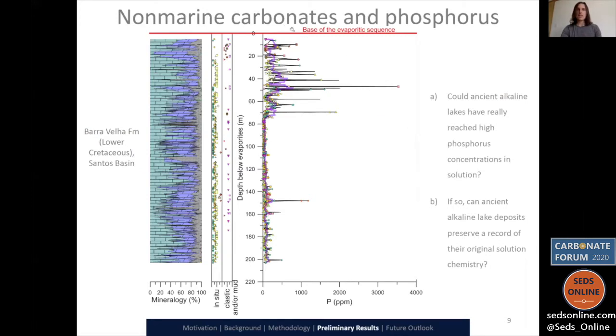Here we can see the profile of total phosphorus concentration measured in bulk rock samples with ICP-MS. Here we have mineralogy on the left side of this image, determined via powder X-ray diffraction.